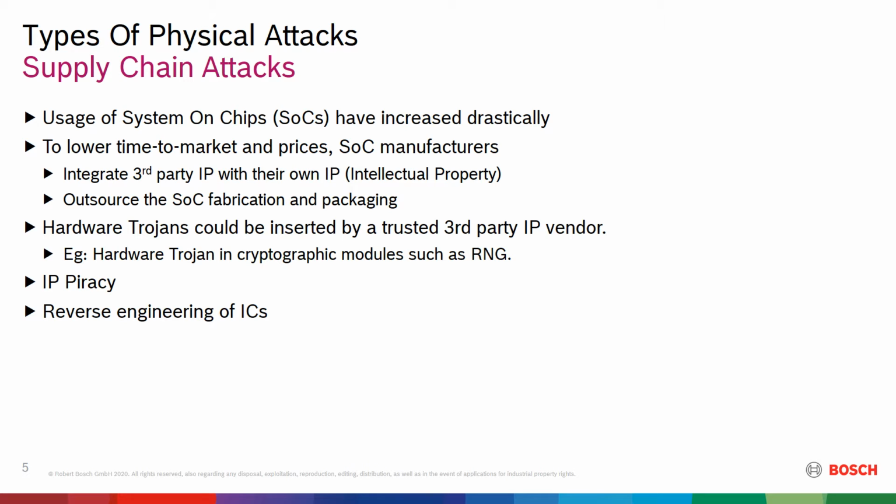As a result, there could be a malicious third-party intellectual property vendor or a malicious fabrication house that could reverse engineer the intellectual property or the ICs, or clone the intellectual property, or even introduce hardware trojans. So hardware trojans are malicious modules that are inserted with an intention to maybe bypass a security feature. As an example, a hardware trojan in a cryptographic module such as a random number generation module could always generate predictable outputs.